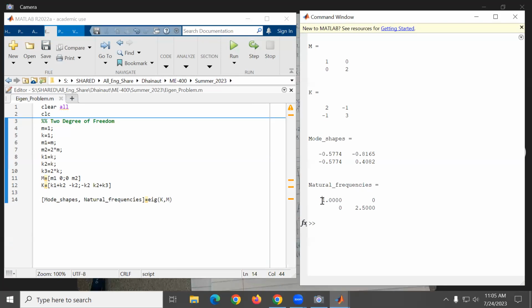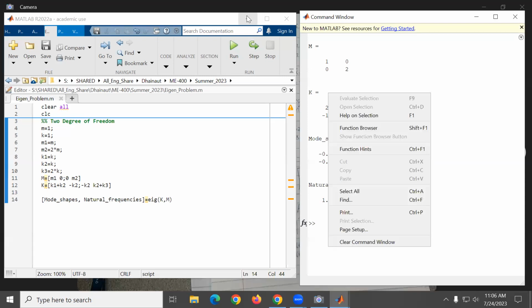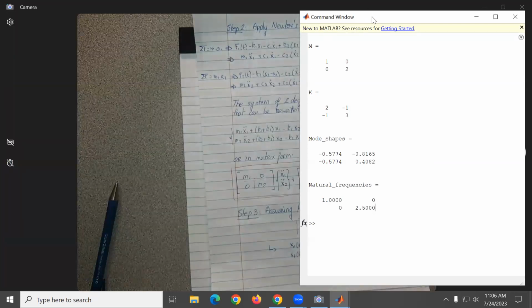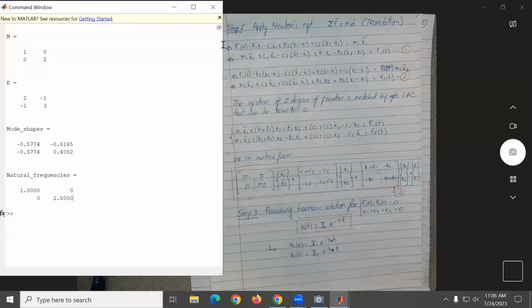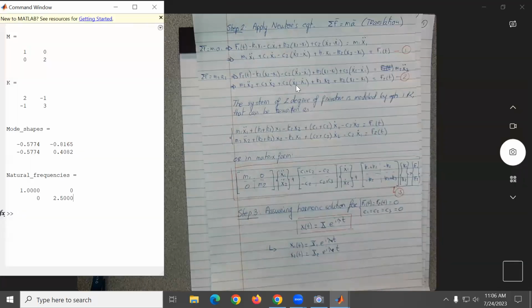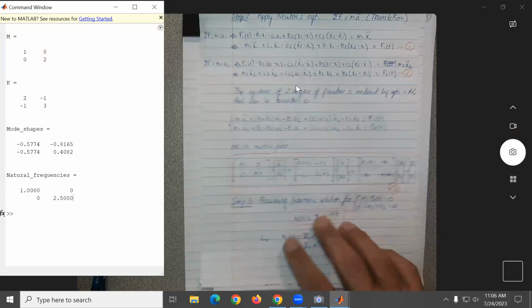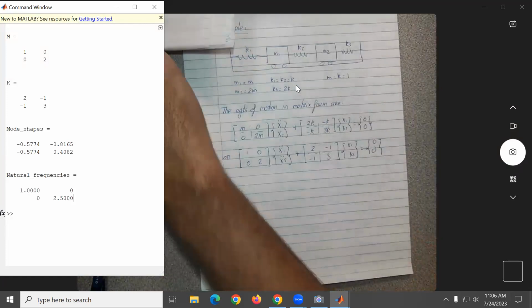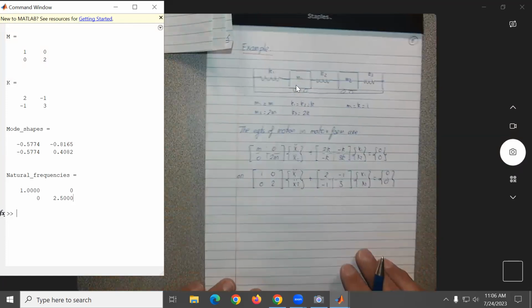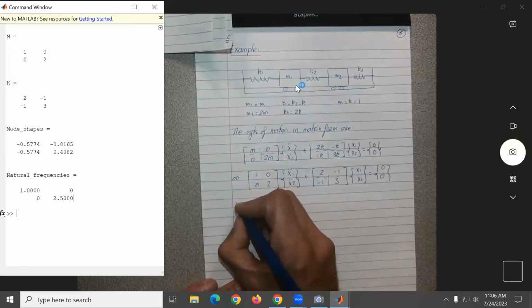This value will be lambda 1 squared, and this value will be lambda 2 squared. You could do all this by hand by solving the quadratic equation, but let's say using MATLAB.